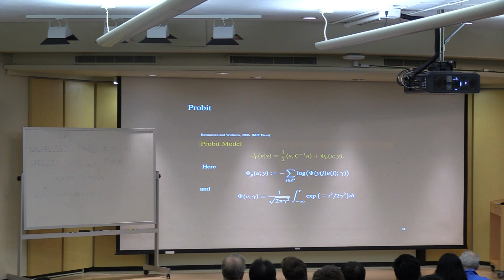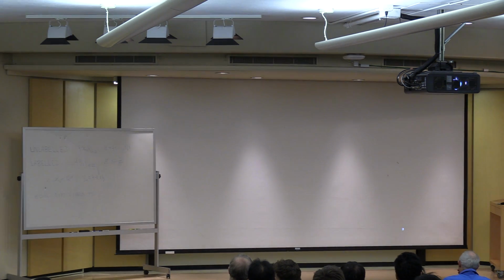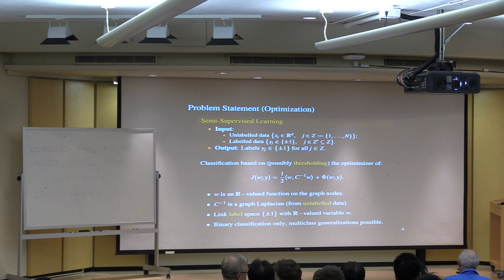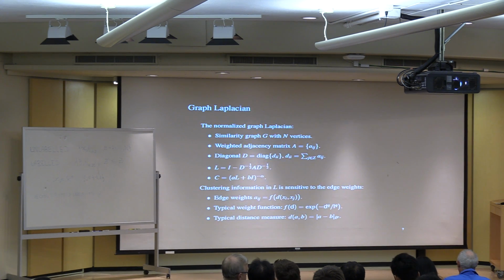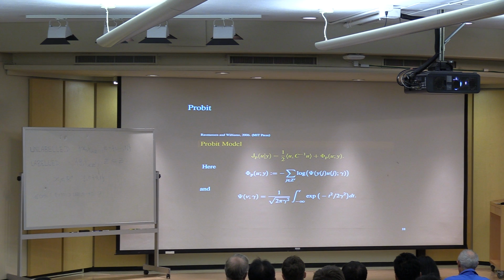If the sign of u agrees with y, psi will be approximately 1, and if the sign of u disagrees with y, psi will be approximately 0.